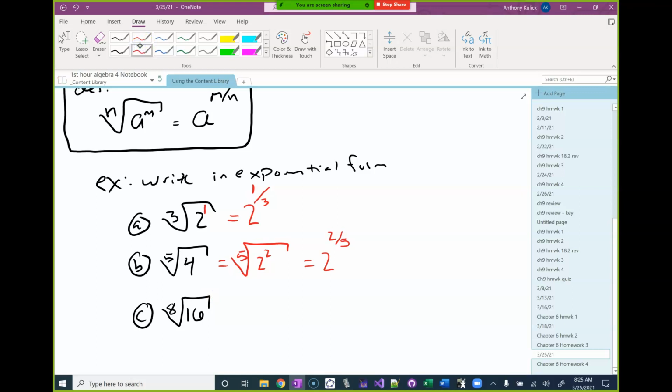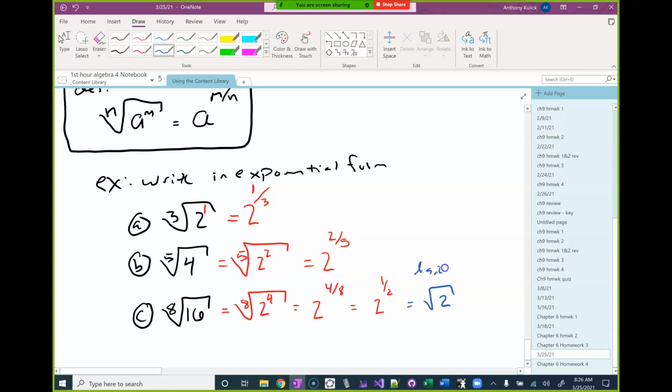So the 8th root of 2 to the 4th is 2 to the 4 over 8, which reduces to 2 to the 1/2, which just for the record is the same thing as the square root of 2, right? Remember, the index for a square root, we don't ever write. We understand it to be 2, though. So this is just like as an aside. You guys feel okay going to exponential form?